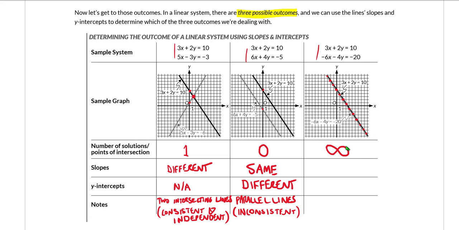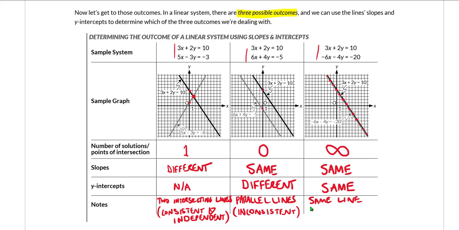So we have an infinite number of solutions or points of intersection, and in this case, since these are the same line, we have the same slope, and we have the same y-intercept. So when our slopes and y-intercepts are the same, we will have the same line.